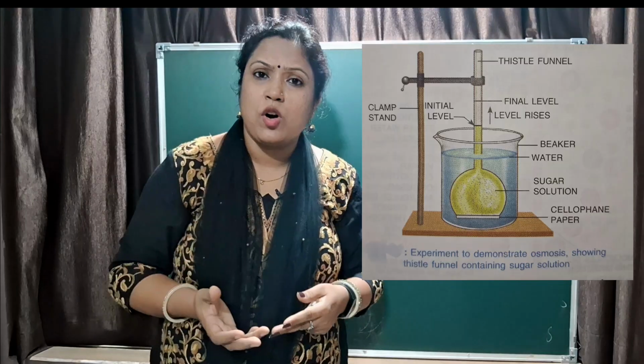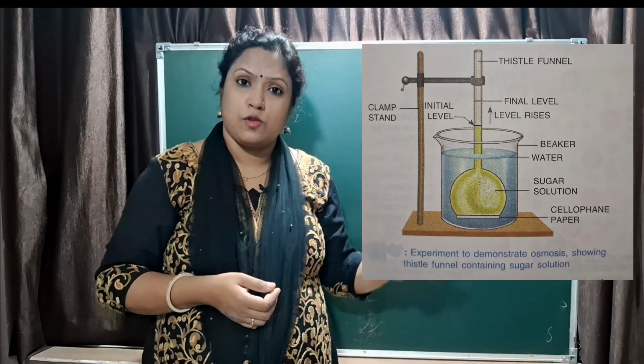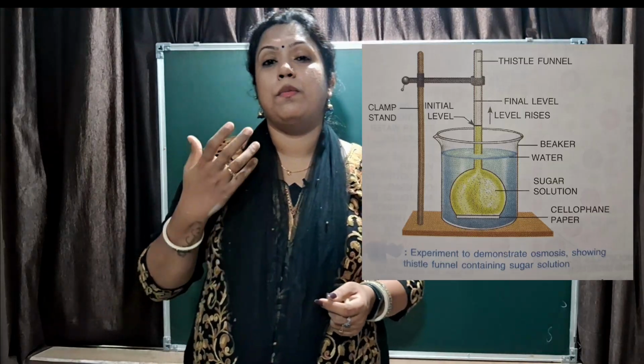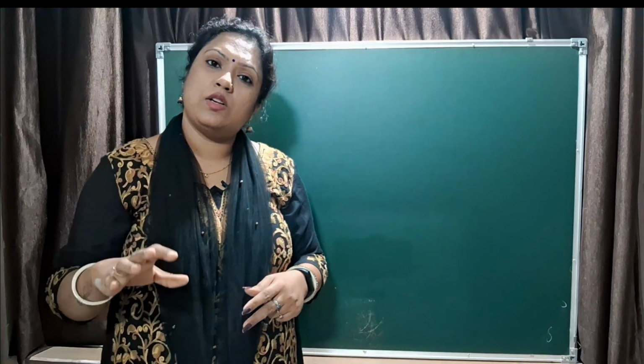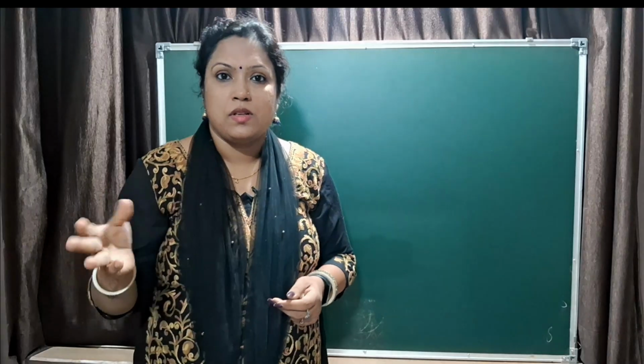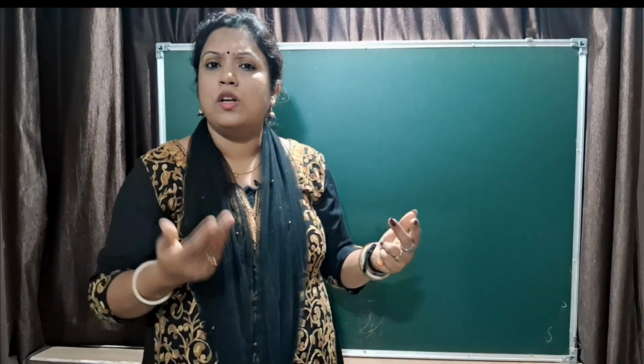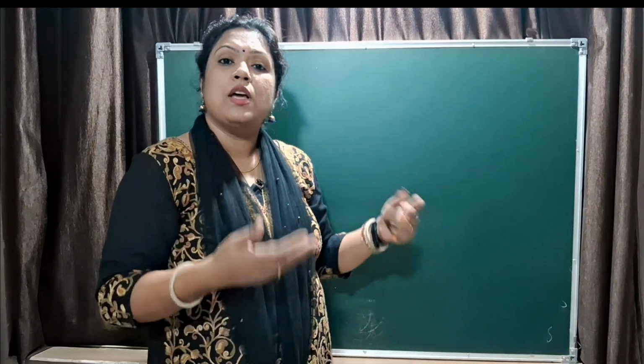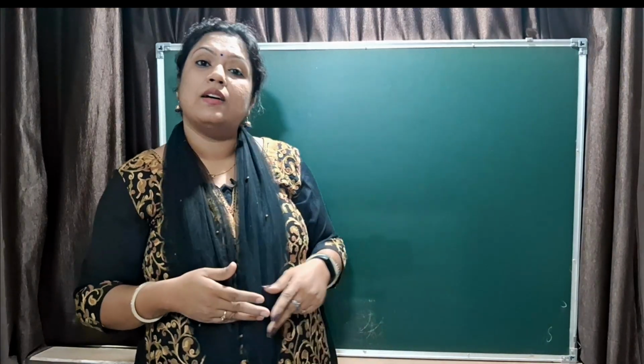You can have a modification to this by using either cellophane paper or the bladder of a goat, though we cannot get it so easily. Now you tell me, instead of the cellophane paper or any semi-permeable membrane, if we use a rubber sheet, then what will happen? Rubber sheet is an impermeable membrane, so water molecules will not be able to move, and there will be no movement of water between the sugar solution and the water.